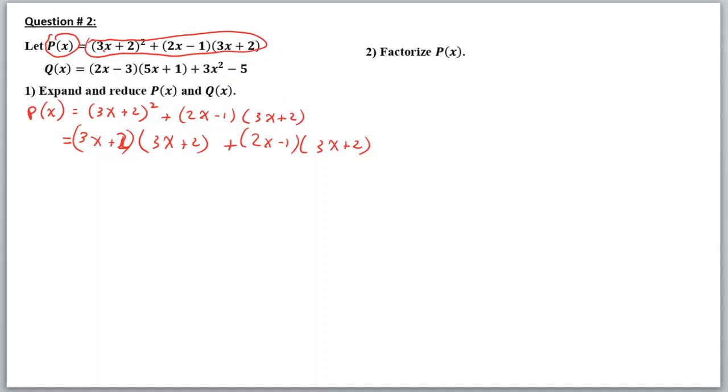I copied them. 3x plus 2, we wrote 3x plus 2 into 3x plus 2. So it is equal. 3x times 3x, it's 9x squared. Again, 3x times 2 is 6x. You know what I'm doing here. I'm multiplying 3x by 3x and then by 2, like this. Okay?